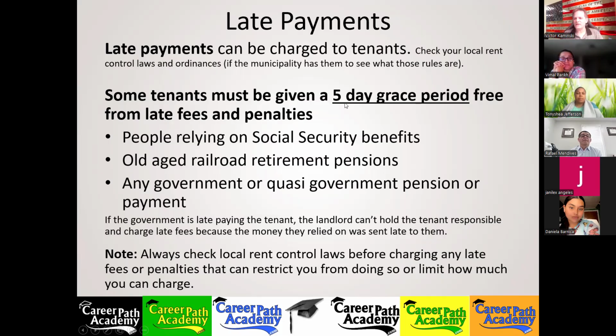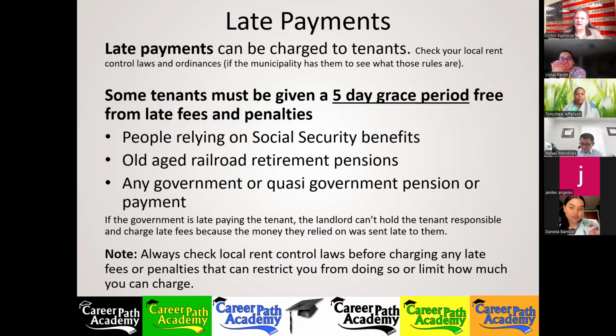Now, some tenants must be given a 5-day grace period free from any late fees or penalties. So even though the rent is due, say, on the first of the month, certain tenants must be given a 5-day grace period. Those are people relying on payments from the government, like Social Security benefits, old age retirement, railroad retirement pensions, or any government or quasi-government pension or payment plan or benefit.